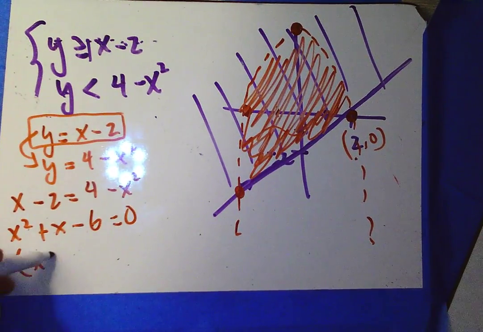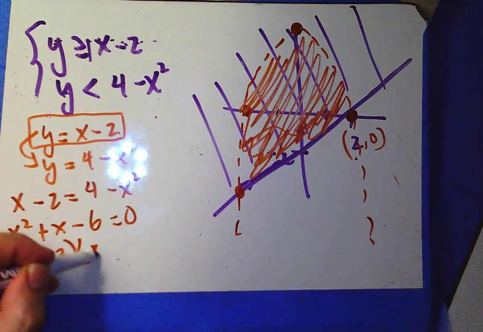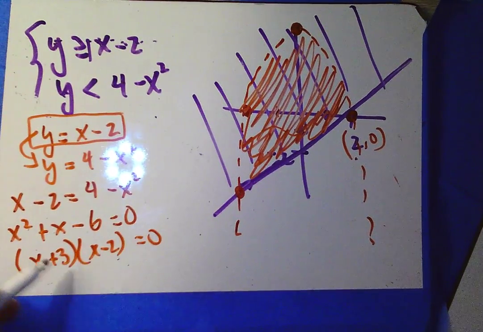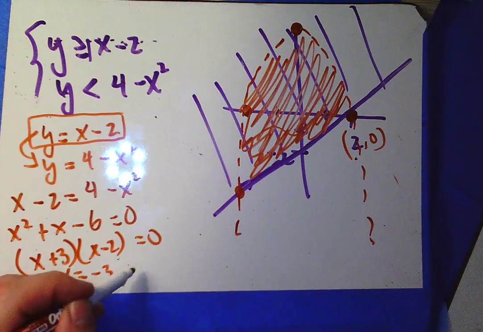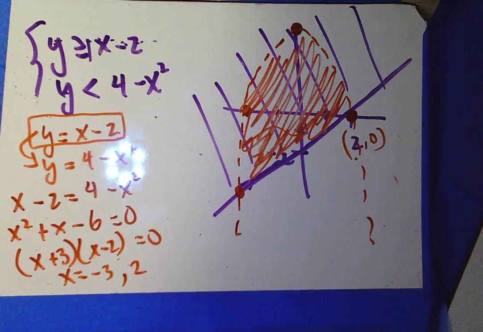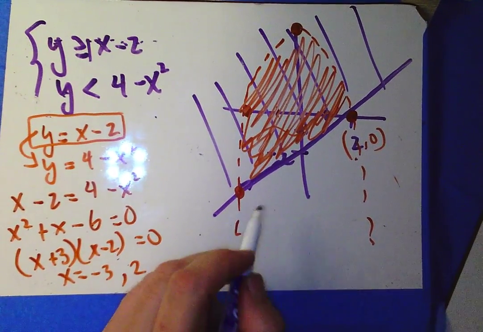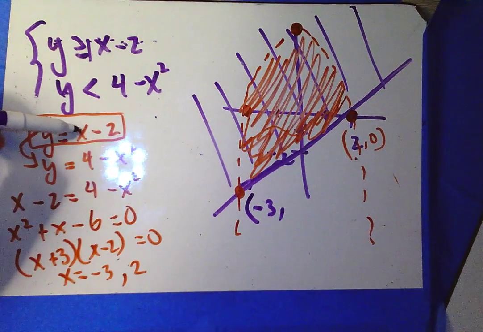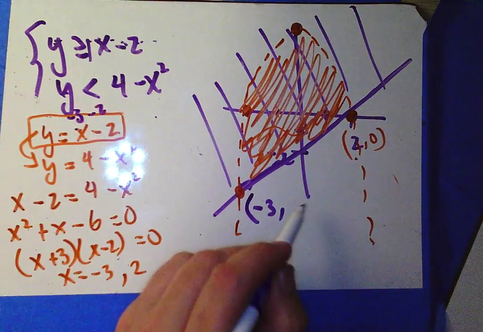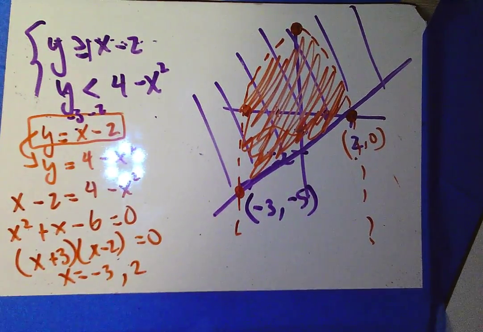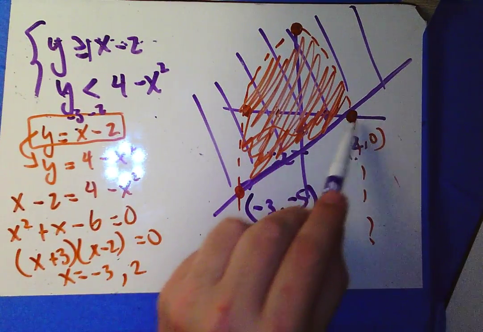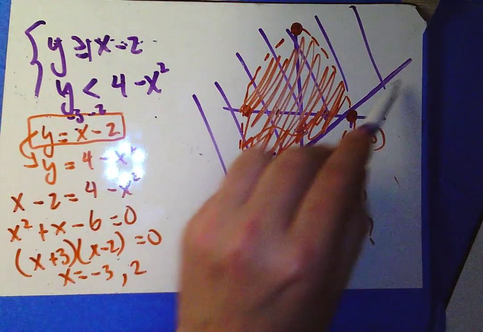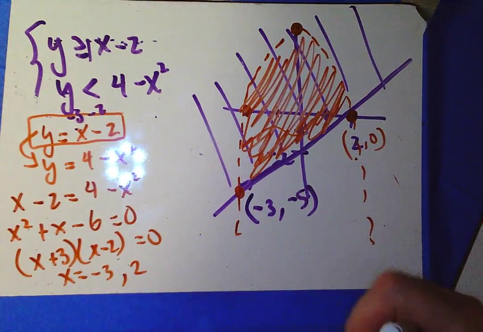This does factor as x plus 3, x minus 2, and so I get x equals negative 3 and positive 2. Okay, so this point over here must be negative 3 comma what? Well, if I plug negative 3 into one of the inequalities, negative 3 minus 2 is negative 5. So there are my 2 points of intersection, and there's my shaded region between the purple solid line and the dotted brown line.